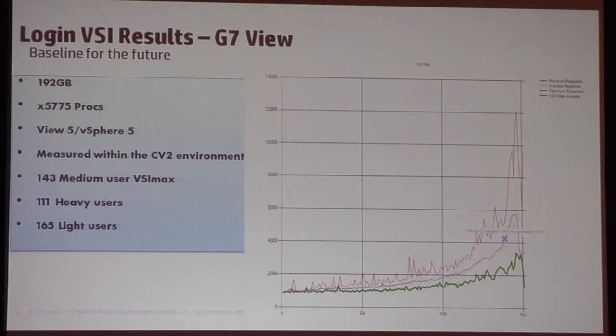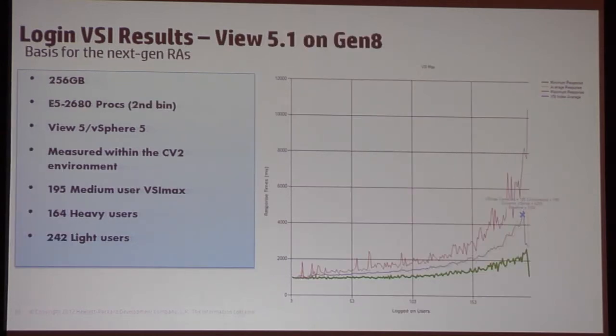Now, does that mean you're going to get that? Depends on workload. Could be more, could be less. But that was the number we started with, using exactly the same reference architecture for G7. So we went to Gen 8. That medium user mark bumped to 195.